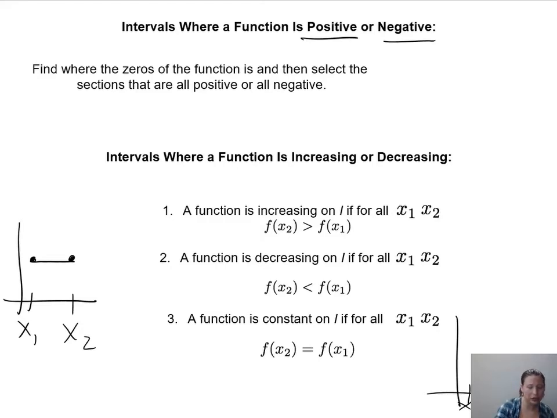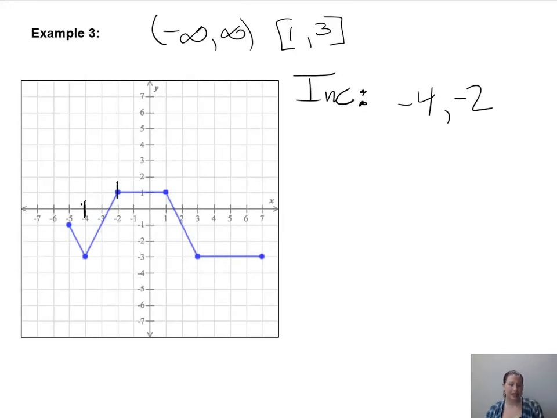So if we go back and look at our problem, what we see is that -4 is where it starts increasing, right? The point before it was not an increasing point. So that means we cannot include -4. We put a parenthesis on it. It starts at -4.